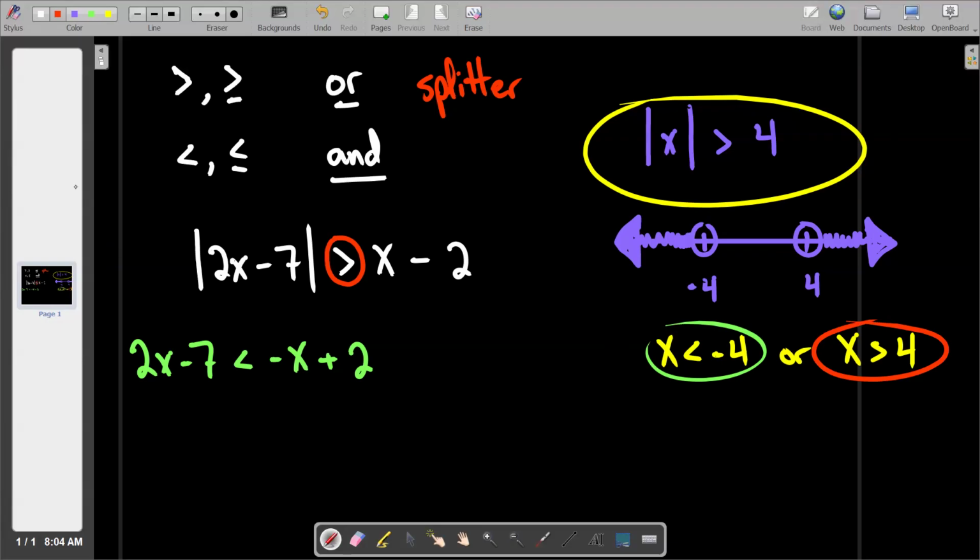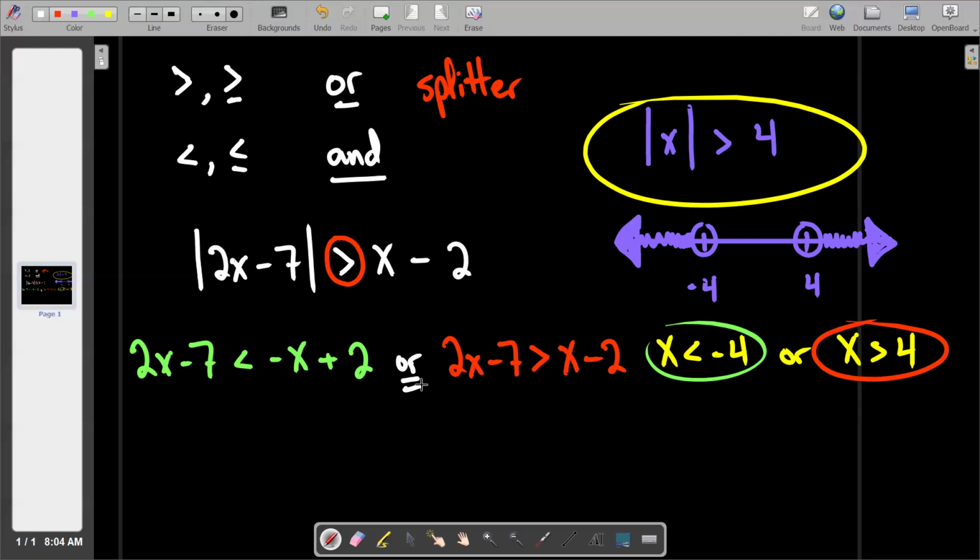Like the normal, don't change x minus 2. So this one would be 2x minus 7 is greater than regular x minus 2. And of course, in between them, I am mandated to put the word or.